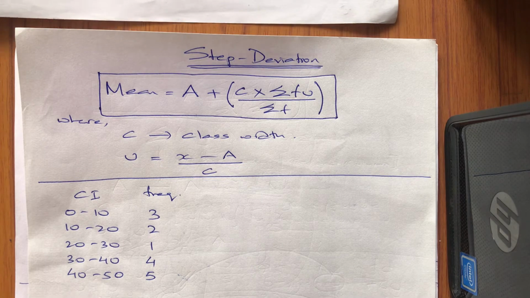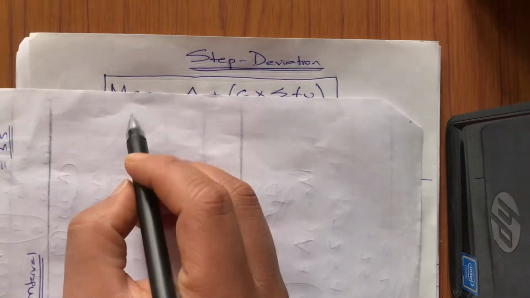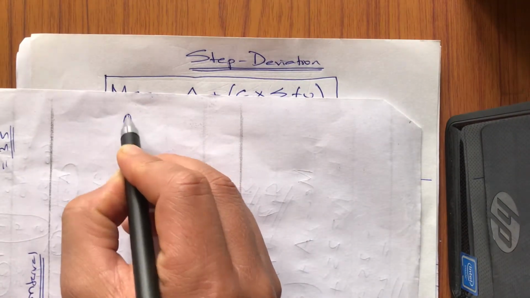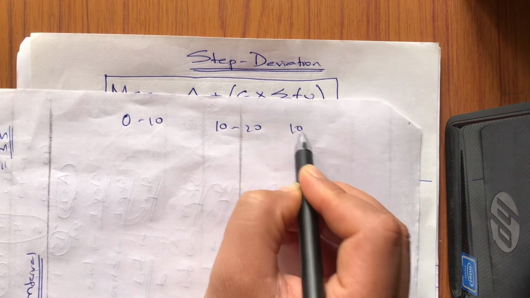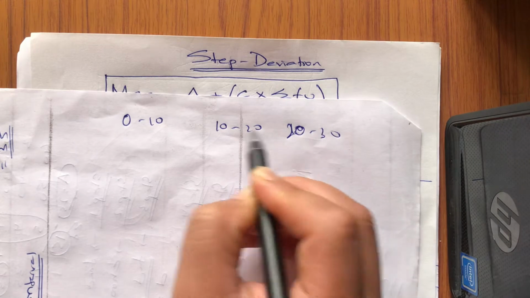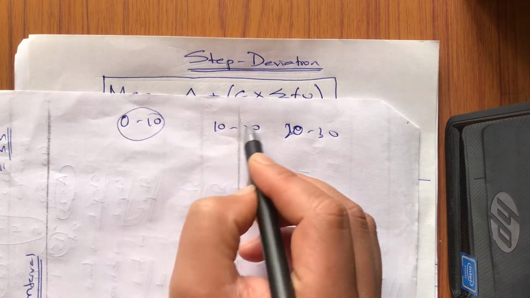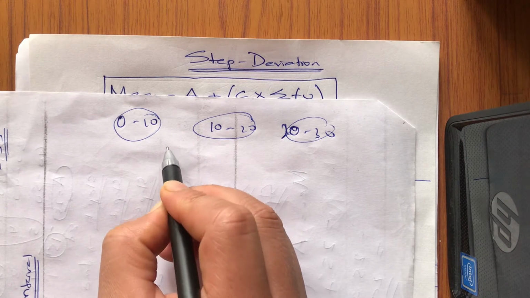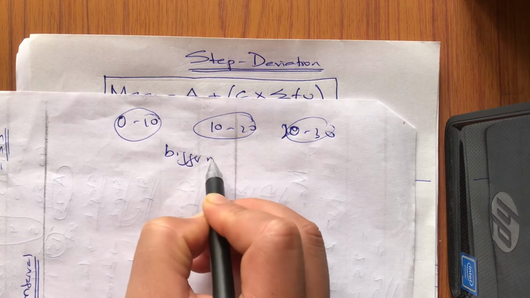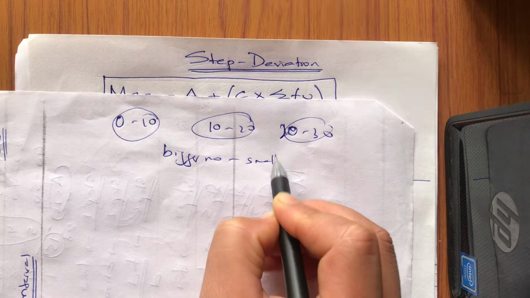Class width is nothing but the difference. Let's say I have an interval 0 to 10, or 10 to 20, or 20 to 30, any interval. To find the class width of any of these intervals, you always do the bigger number minus the smaller number.